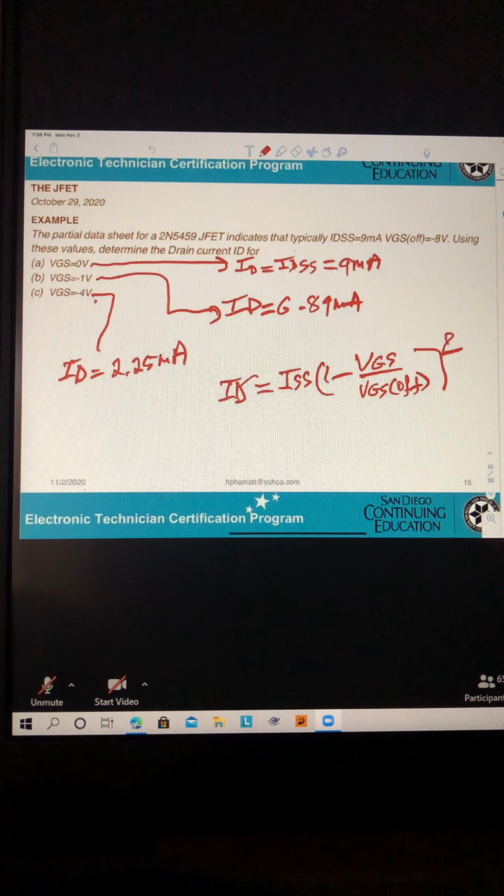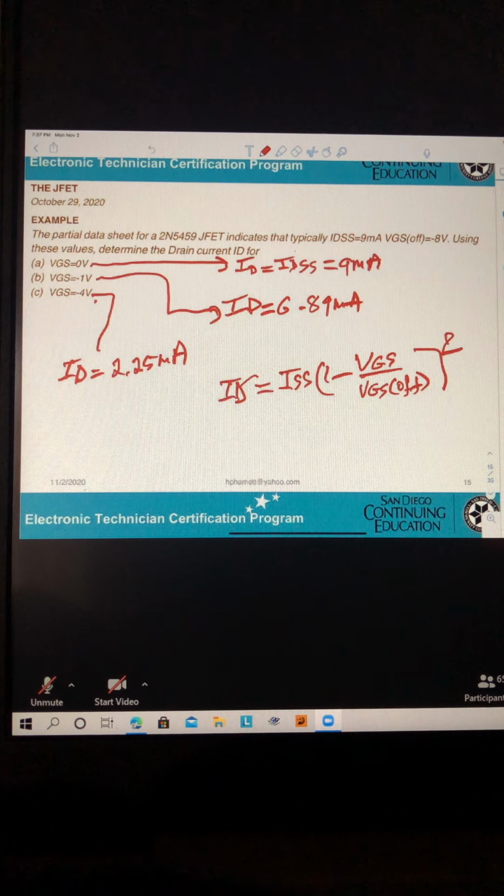Hey, Mr. Pham, on this one right here, the VGS off in the formula, would that be 0? What do you mean, VGS off? In the formula where it's 1 minus VGS over VGS off, is the denominator VGS off? Which number, A, B, C? Number C, where you use the formula.